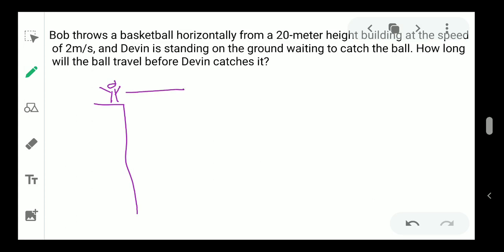So the basketball was thrown with 2 meter per second speed, and the height is 20 meter.